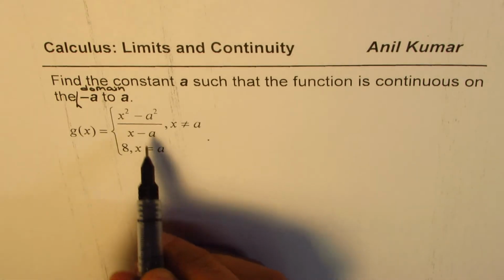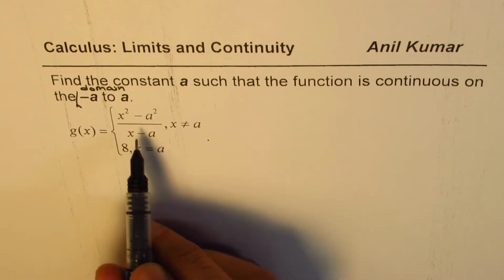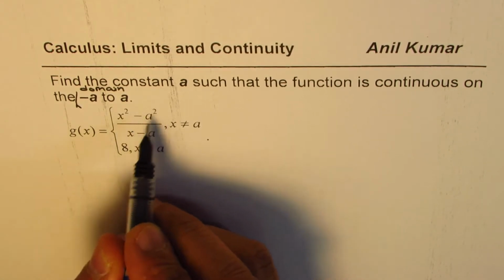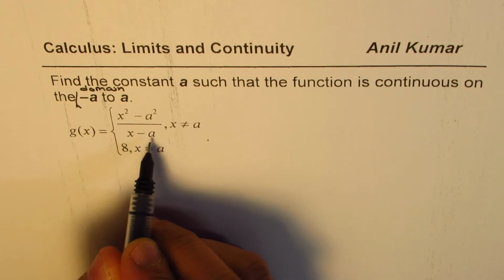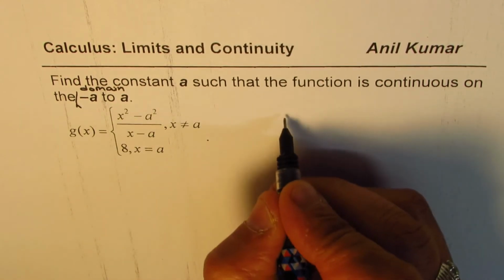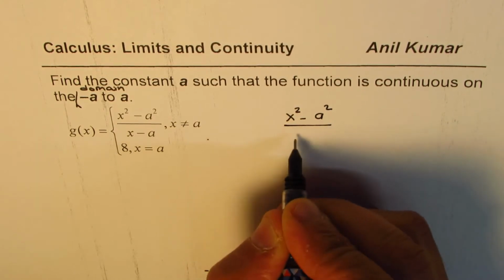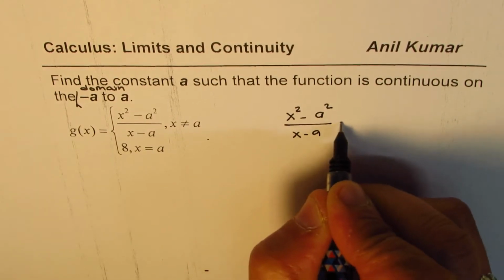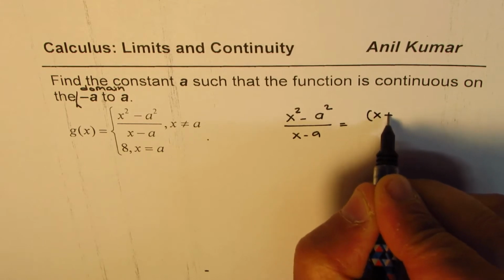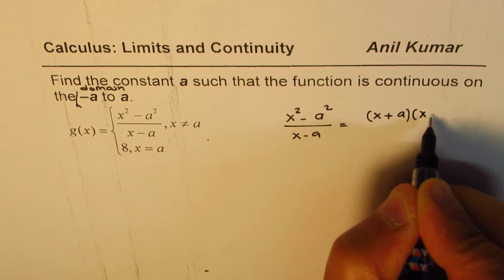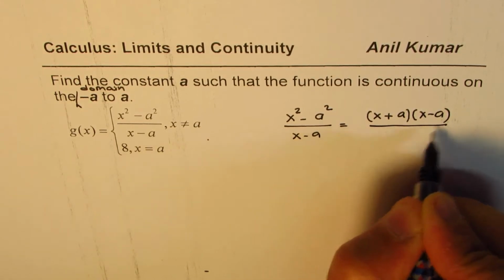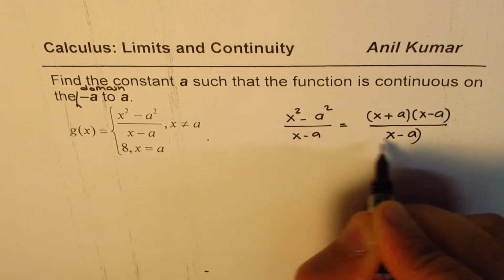Now there are two pieces of this function. One of the pieces is x squared minus a squared divided by x minus a. So let's look into the first piece. It could be written as x plus a times x minus a divided by x minus a, right?